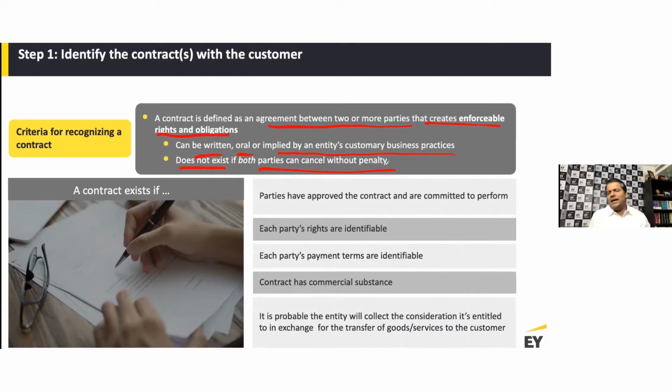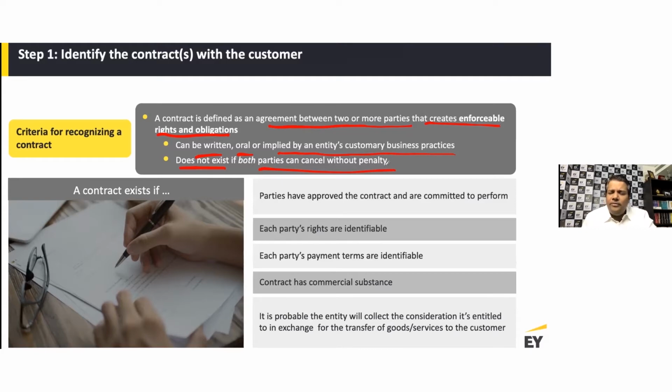So essentially, when you think about a contract between two parties, what do we expect to know? Who is the counterparty, what's the name and identity of the counterparty? Then what are my rights and obligations under the arrangement, and what are the rights and obligations of the counterparty?